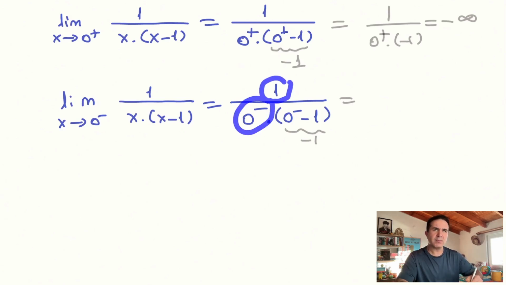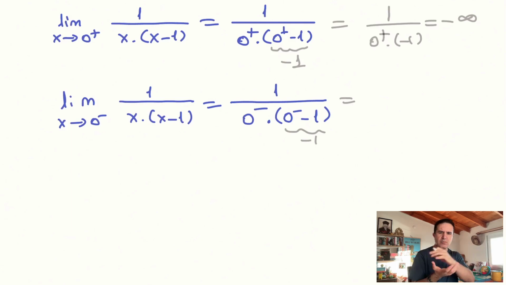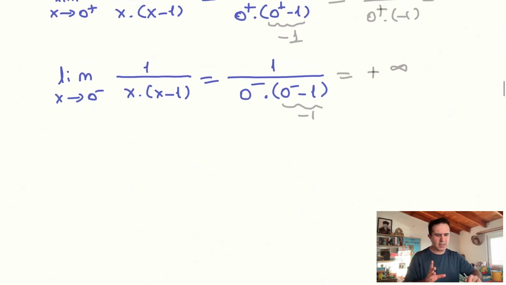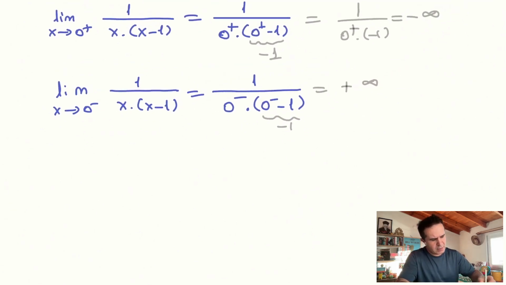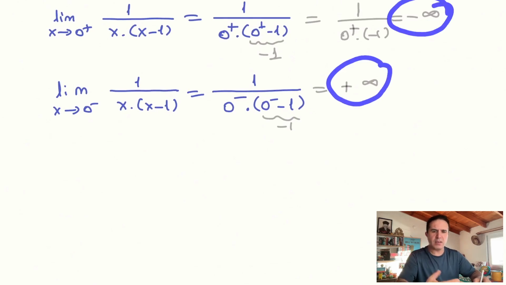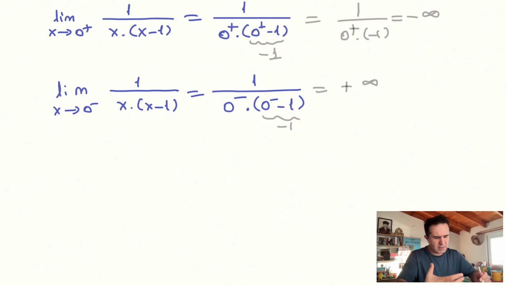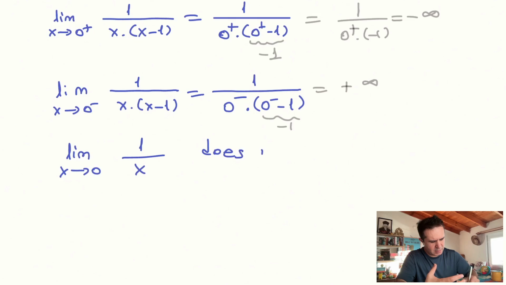If we divide a positive number by 0 minus, this will be minus infinity. What we have here, again a minus 1, so this tends to plus infinity. Since the one-sided limits are different here, we can say that the limit does not exist. Limit as x goes to 0 of 1 over x squared minus x does not exist.